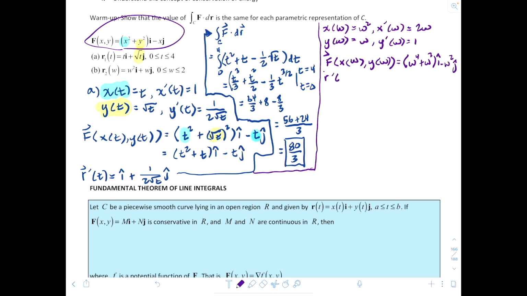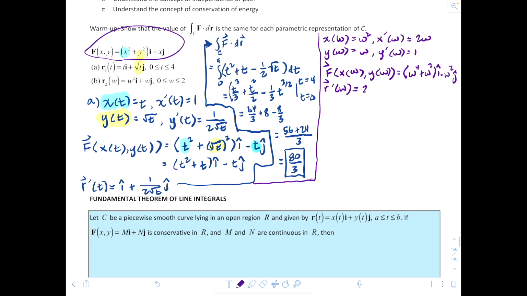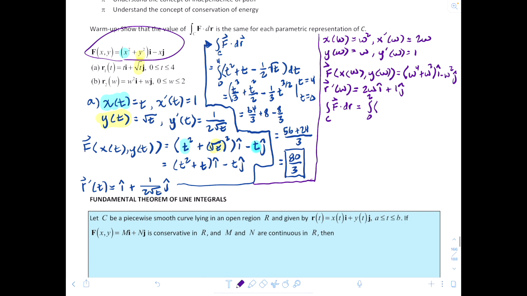All right, so now, here we go. R prime at w is going to be 2w i plus 1 j. And so our integral over C of F dot dr is going to be the integral from 0 to 2, and we need to find the dot product. So we're doing w to the 4th plus w squared times 2w.